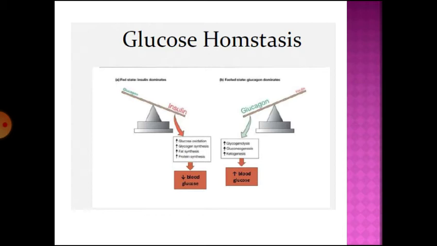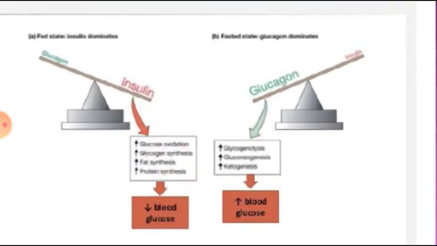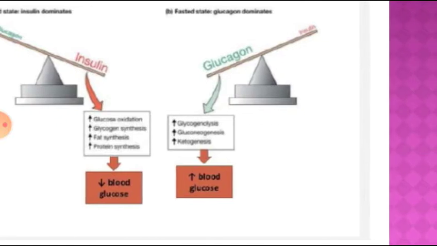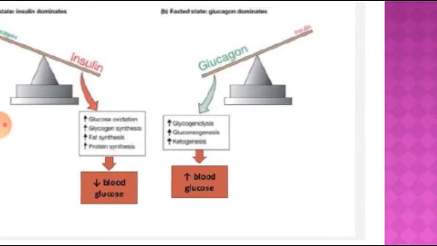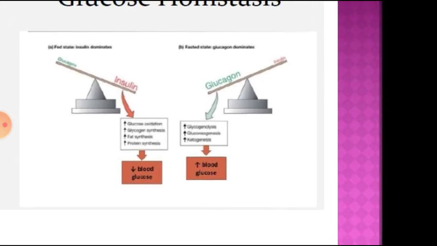So glucose homeostasis depends on these two major hormones, insulin and glucagon, as shown in this picture. Insulin lowers plasma glucose through different steps in its mechanism, while glucagon has a different mechanism of action and raises the blood glucose level.